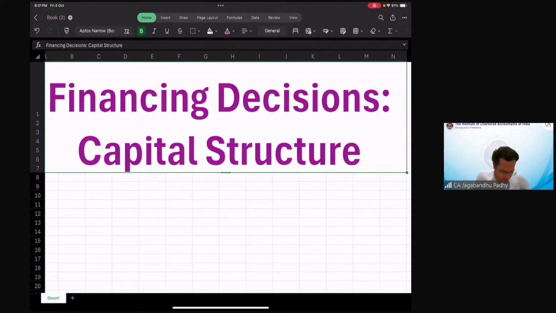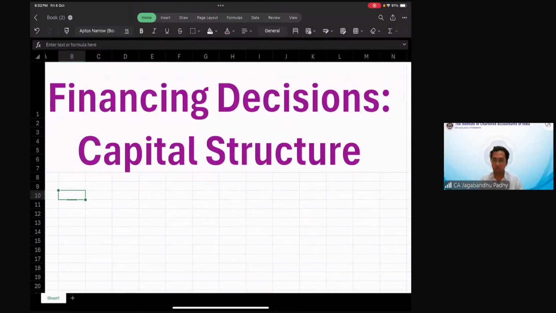Then we have also completed a topic called ratio analysis, which was about analysis of the financial statements. And in the last two sessions, I think we have completed the cost of capital chapter, right? So this has been the journey till now.